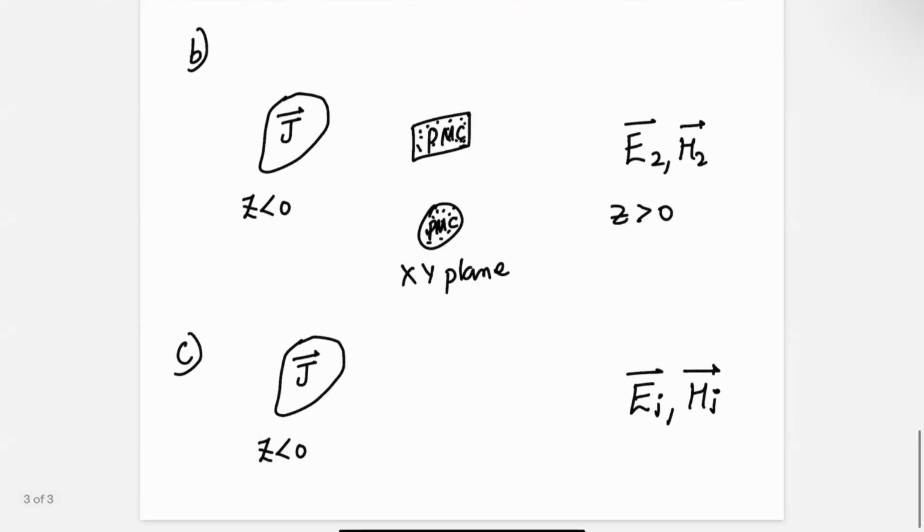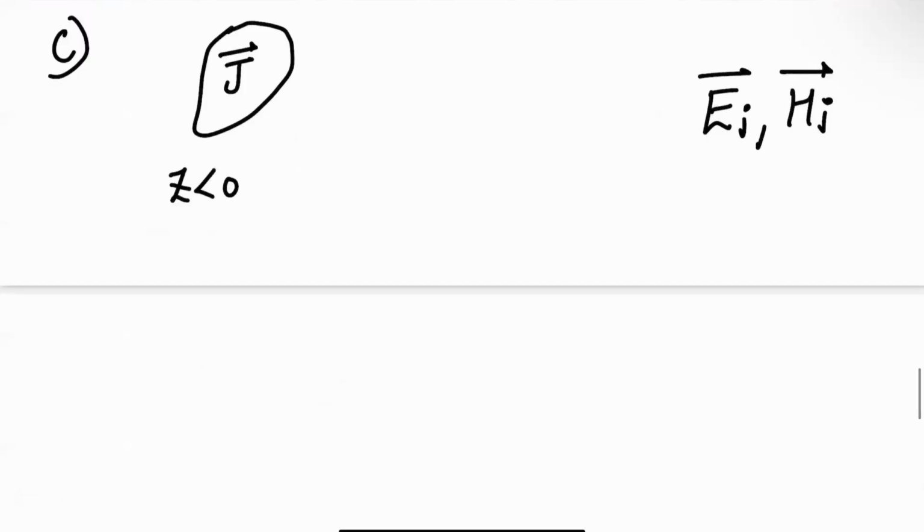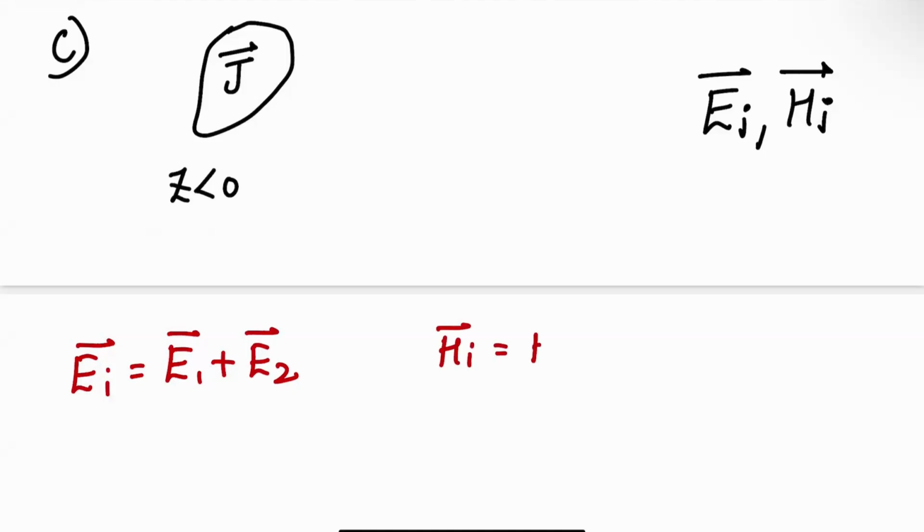And the complementary theorem says that EI is E1 plus E2 and HI is H1 plus H2.